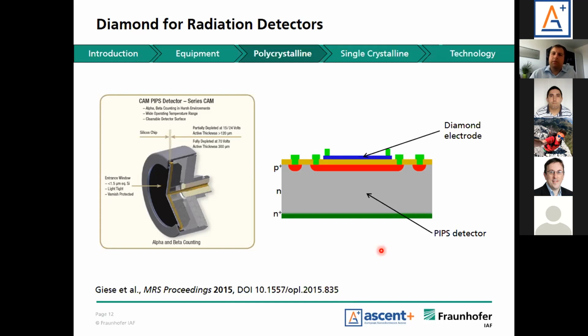This was also to deposit radioactive materials on this PIPS detector and detect basically the radiation. So if you're further interested, please refer to the cited paper. Okay, and this is a quick overview about polycrystalline.